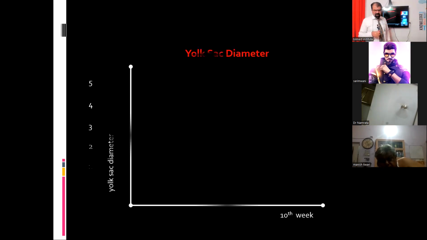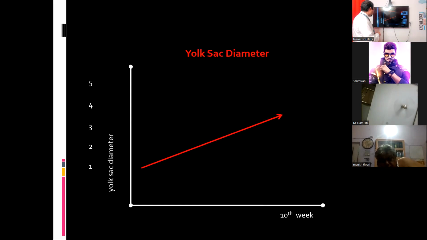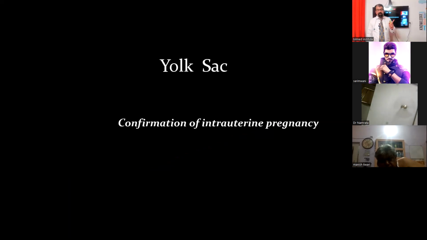Now, see here, the yolk sac should not be less than 2 millimeters and it should not cross 5 millimeters. So the yolk sac has to be in the bracket of 2 to 5 millimeters only. Now, it confirms the intrauterine pregnancy.